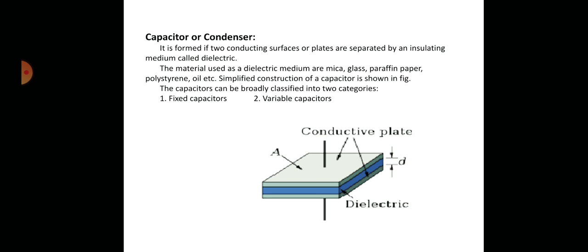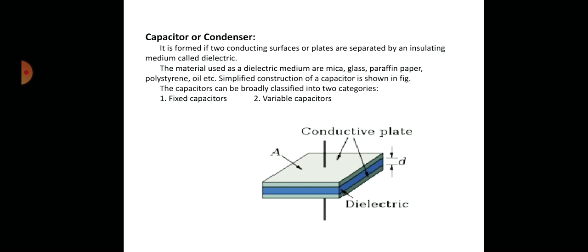The figure shows two conducting plates separated by this dielectric medium. D is the thickness of that medium, and A is the area of cross section.